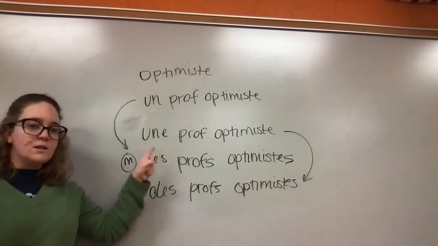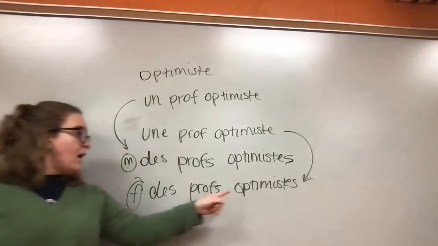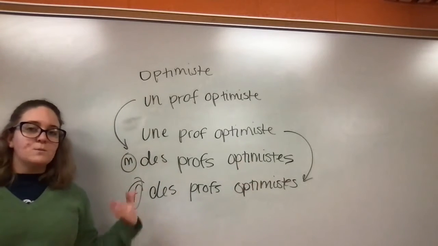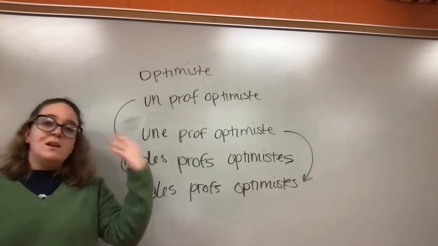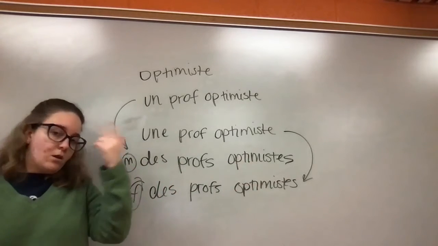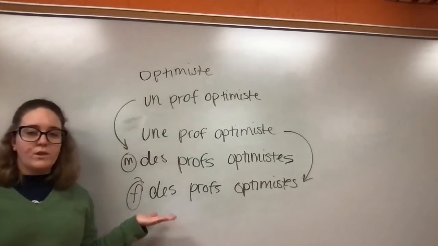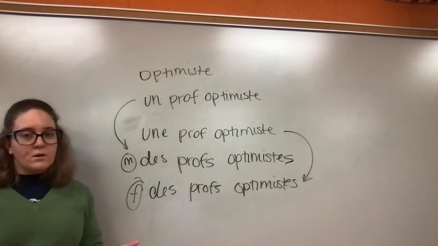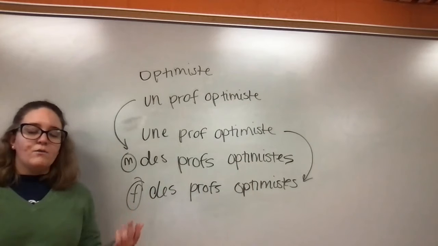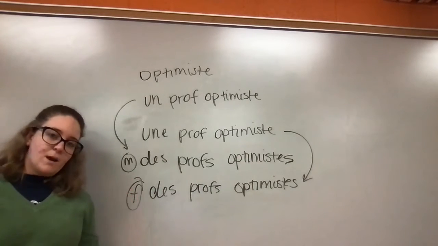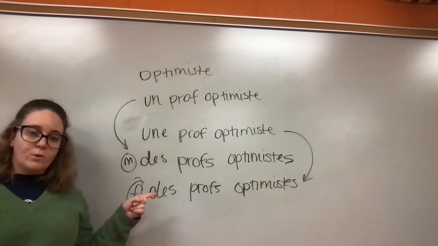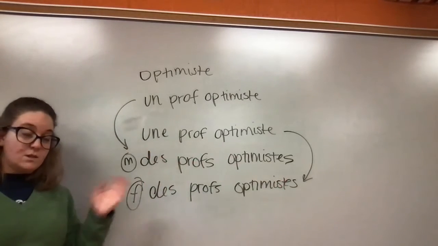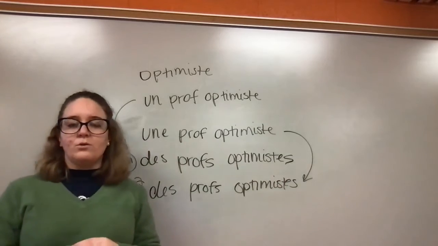But because the article stays the same, this is spelled the same, and the adjective is spelled the same, we don't know if we're talking about masculine or feminine without specifically referencing maybe names or maybe a class or something like that, without being able to determine the gender here. So that is why it's always important to learn the gender of your vocab words, because it might not be apparent once you start adding plural articles and plural adjectives, might be hard to tell. So make sure you have your agreement down.